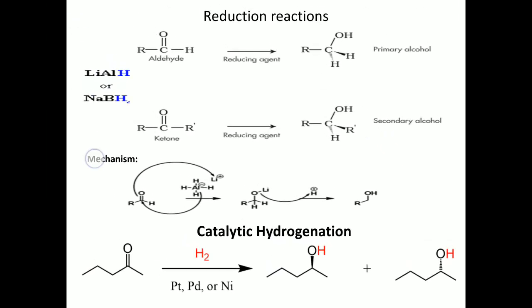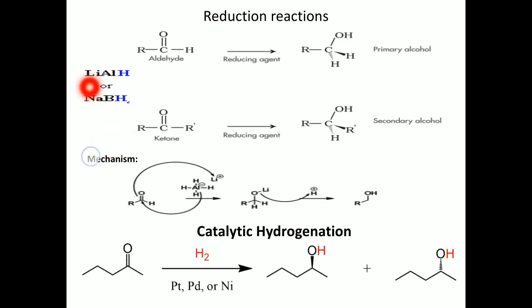Next one is hydrogenation. In the presence of platinum, palladium or nickel, by using these metal catalysts, we can hydrogenate the aldehydes to corresponding alcohols. Here, this is an aldehyde, this is a ketone.